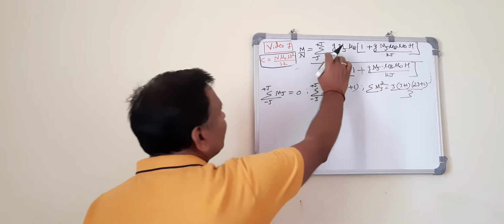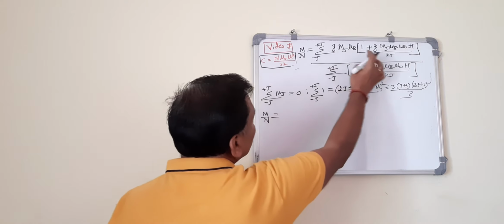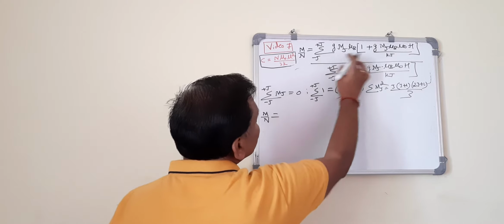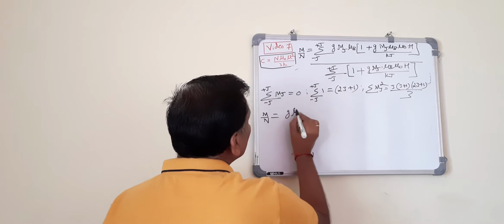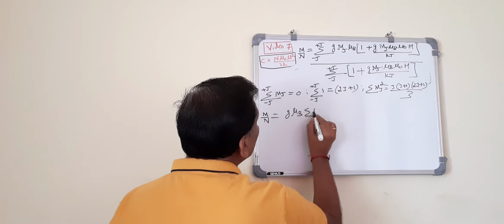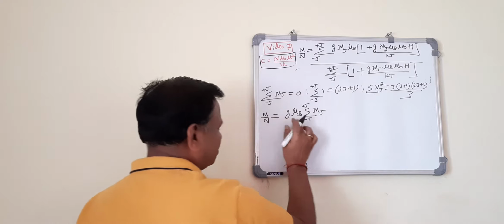Next, I will expand this term. M by N equal to, this one I will multiply, this one, this one. I will write g mu B, summation of mj from minus j to plus j, because these two are constant.